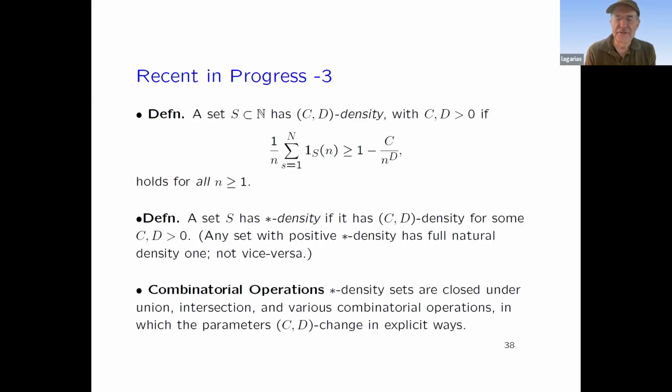But what this extra definition of density does for you is it's closed under union and intersection and removing finitely many things and various combinatorial operations in which the constants C and D are changing in explicit ways. And it's this combinatorial stuff that's getting used. Next slide.